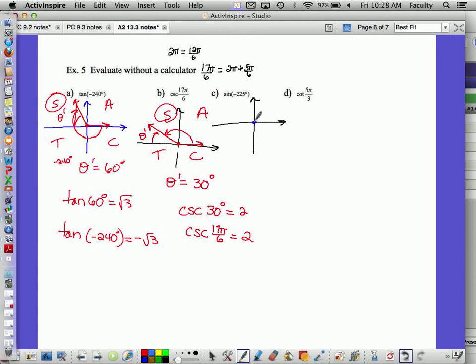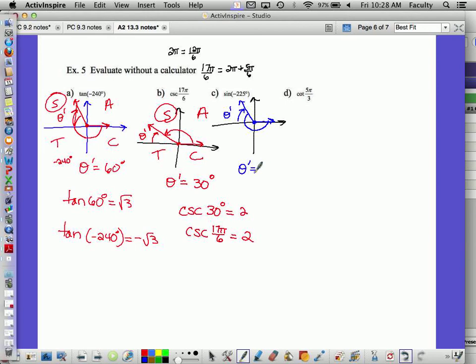Alright, so I'm going to start here, standard position, and start rotating. Negative 90, negative 180, negative 225. My reference angle is how far I am from the terminal side of the angle to the x-axis.